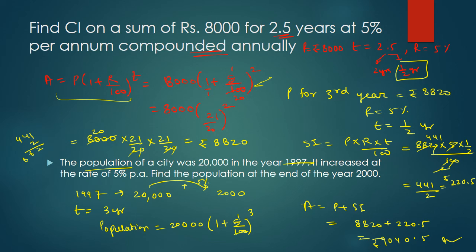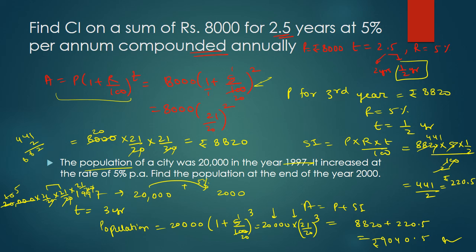5 1s are 5, 5 2s are 10. So 20,000 multiply (21 by 20) cube. Now you have to solve it. 20,000 into 21 by 20, 21 by 20 and 21 by 20. So these 3 zeros will be cancelled with 3 zeros. 2 tens are, 2 fives are.